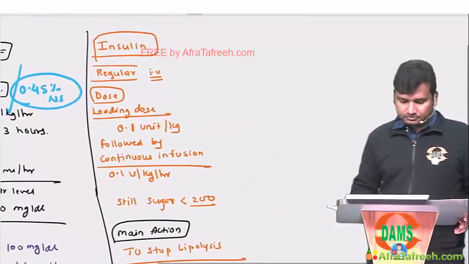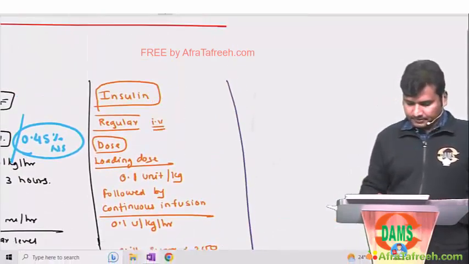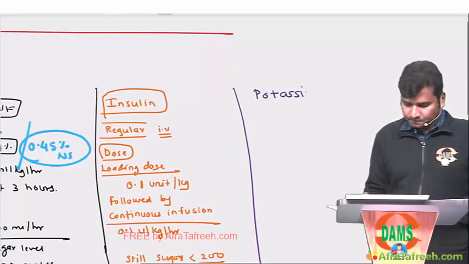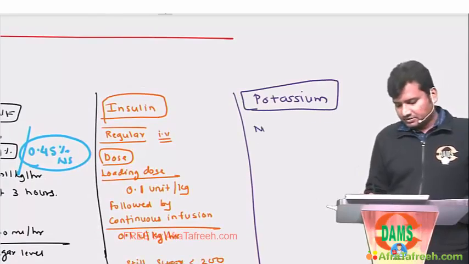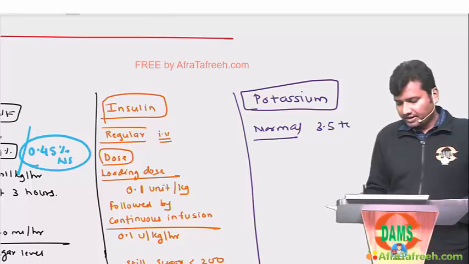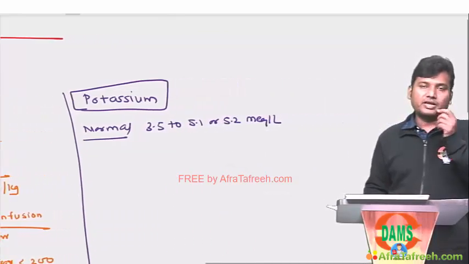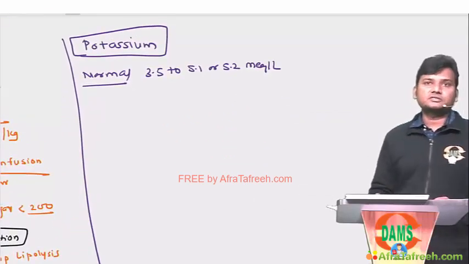Now, potassium monitoring. First, normal level of potassium is 3.5 to 5.1 or 5.2 milliequivalent per liter. This is the normal level of potassium in blood. First, very important sentence from Harrison.